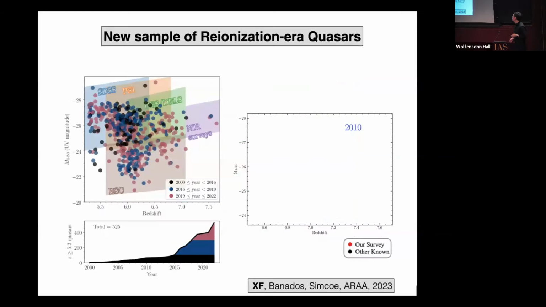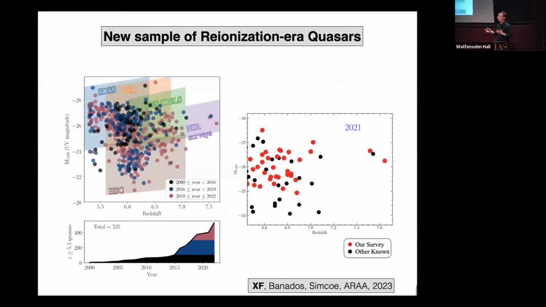Since then, the community has built on the SDSS and expanded to other imaging surveys with larger area, more depth, and especially towards redder wavelengths, allowing us to build up a very large sample of quasars now. There are more than 1,000 quasars known at redshift higher than 5, more than 200 at higher than 6, and about 10 of them at redshift higher than 7, with the highest redshift now for luminous quasars at redshift 7.6.